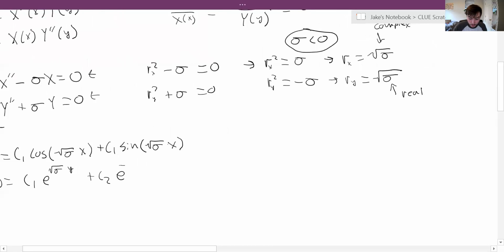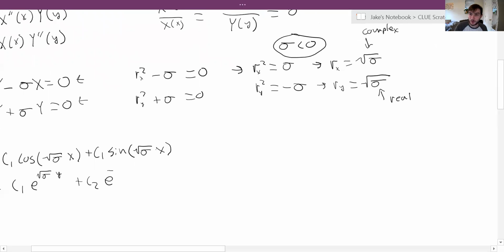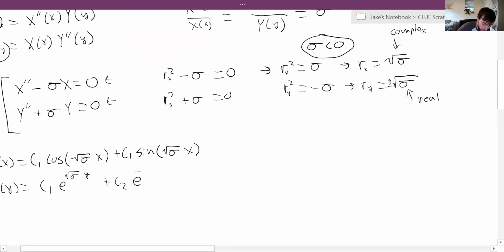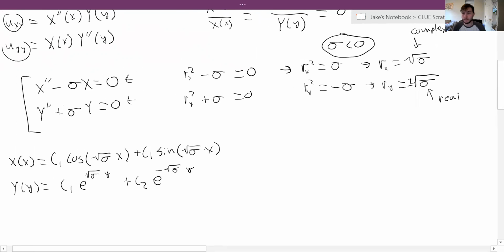Now again, remember since we're taking a square root of a real number, we've got a plus or minus sitting out in front. So those are kind of the two options we get. We get sigma y and negative sigma y. So those are kind of our two roots of the characteristic polynomial that we're using here. I'm sorry I didn't write that earlier. That was silly. But now we've got these nice two equations.